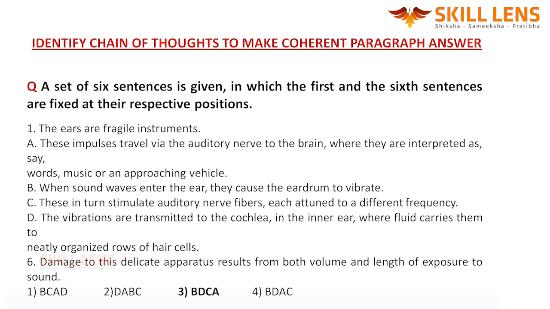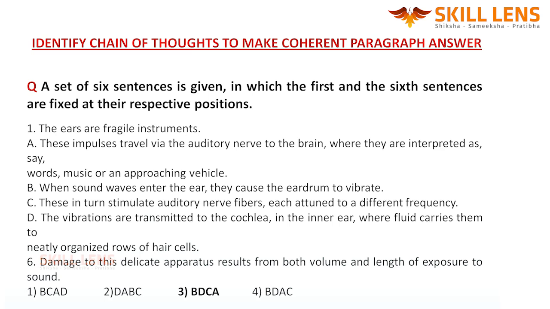Furthermore, we'll continue to sentence C. We pair that with sentence D. It tells us, these in turn. Now here we are using the mandatory pairing of noun and pronoun. These, we are connecting it with sentence D. It tells us these in turn stimulate auditory nerve fibers, each attuned to a different frequency.